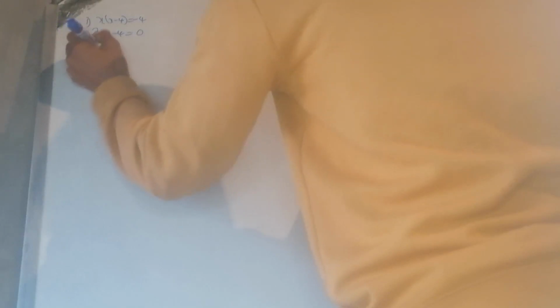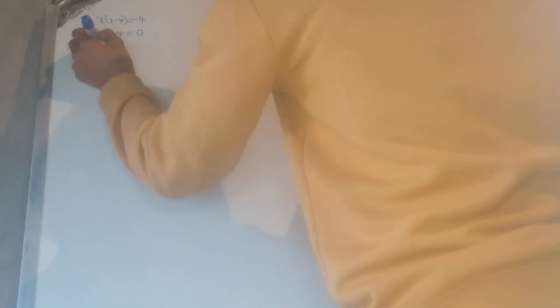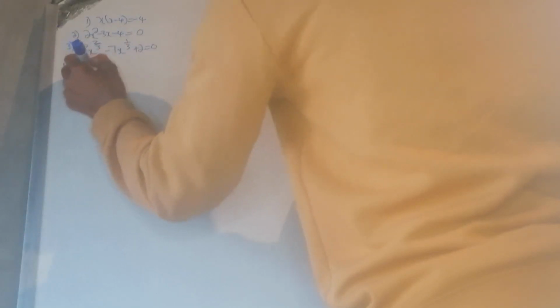Number 3: 3x^(2/3) − 7x^(1/3) + 2 = 0. Number 4: 1/(x + 1) + 2x/(x − 1) = 1. But he must solve it for x.